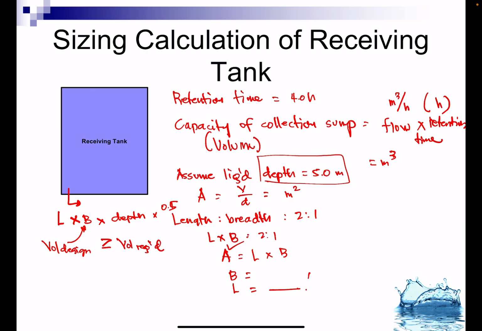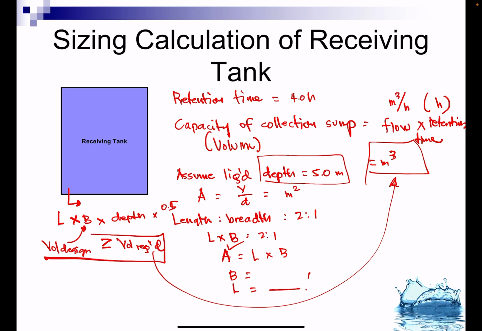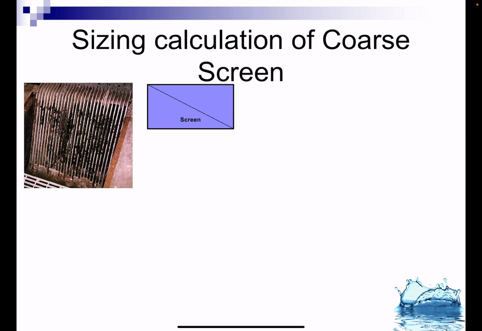Where is the volume required? Yung volume na na-compute mo dito. Okay? Once you satisfy this equation, then you're good at the design of your receiving tank. Okay? Let's go to screen.